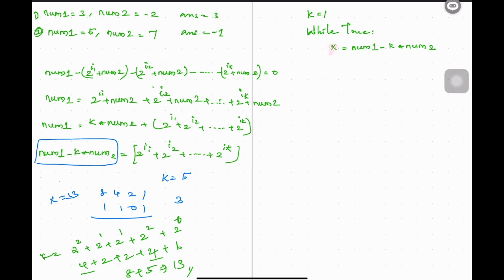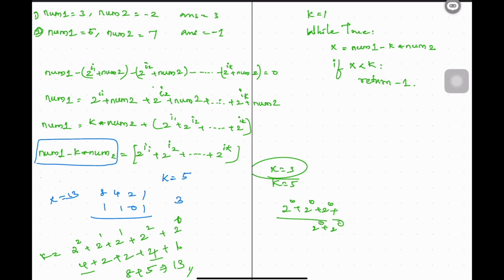Now we know one case: if x is less than k, then we can return -1. Let's assume our x is 3 and our k equals to 5. Even if you use 2 to the power of 0, five times, we can't form x equals to 3, right?